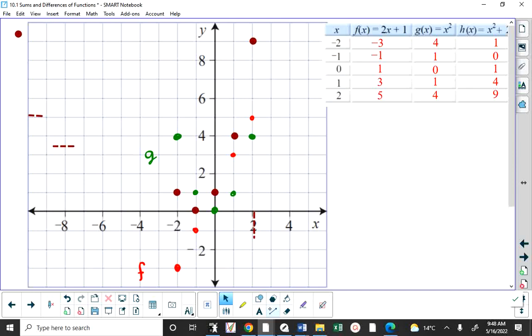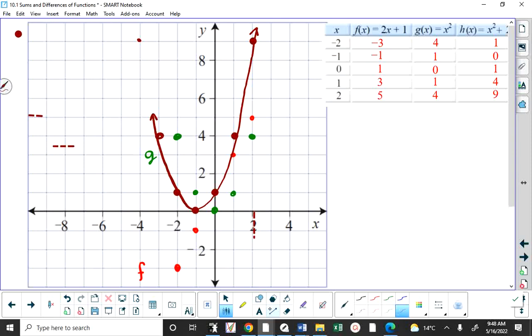I think we should draw h of x. I don't think we should just leave it as a series of dots. Of course, it goes up, and you could use some symmetry here to figure out that it goes through this point and this point. But whether you do that or not is up to you. I don't care.